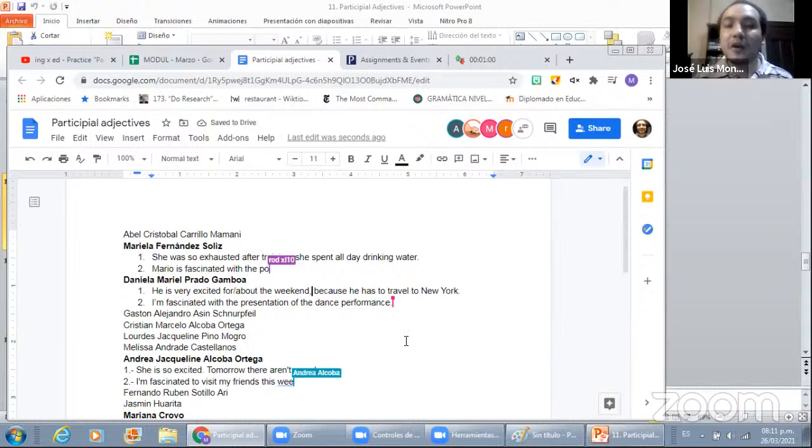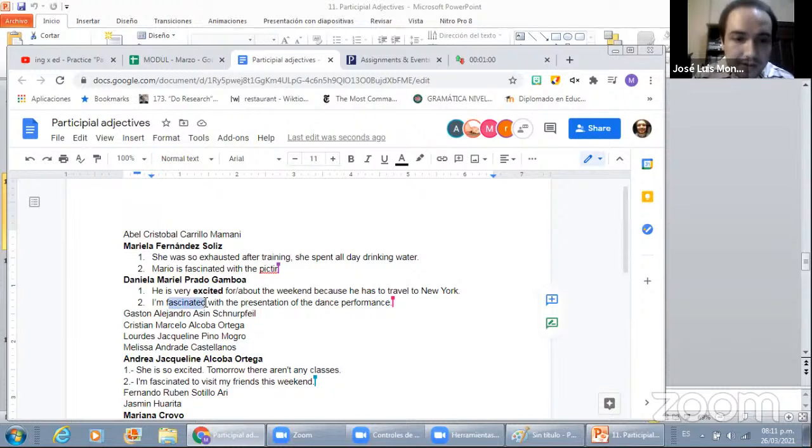Remember, when we use because in the middle, we don't need to use a comma, only when because is at the beginning. But it's great because he has to travel to New York. Perfect. In this case, your word is excited. I am fascinated. Good.